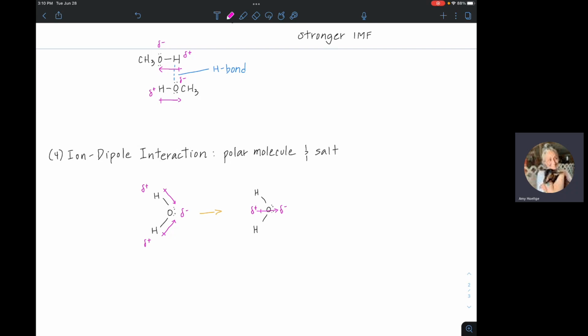Carbon dioxide has polar bonds, but it is non-polar overall because the vectors are going equally in opposite directions. In the water molecule, it's bent, right, like a boomerang. So the two vectors are actually pointing up toward the oxygen and they're going to be added together. So we have one big dipole going up the center of the molecule.